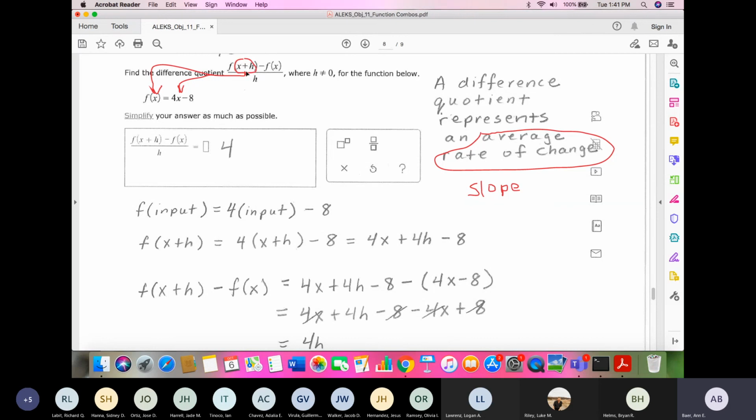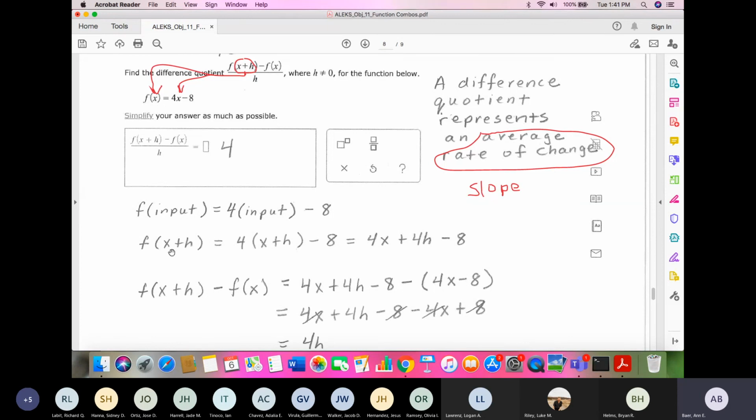X plus h. So that's really what we're doing, and that's why I'm using the word input.